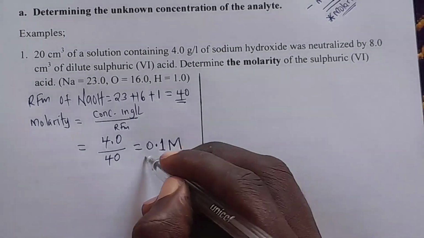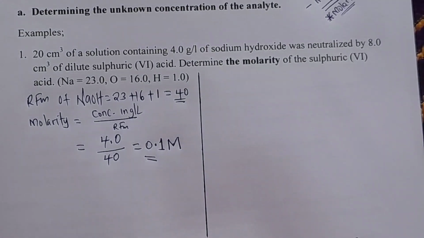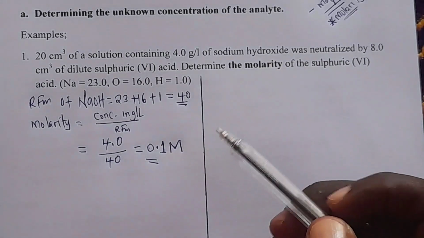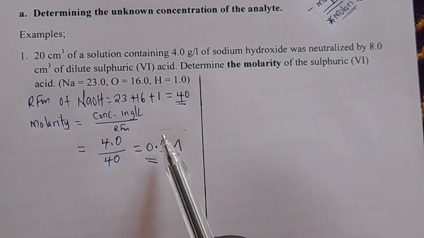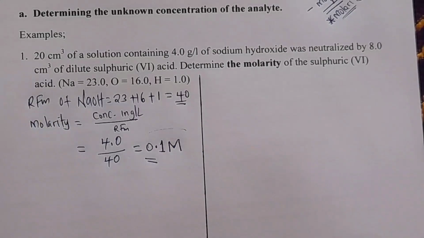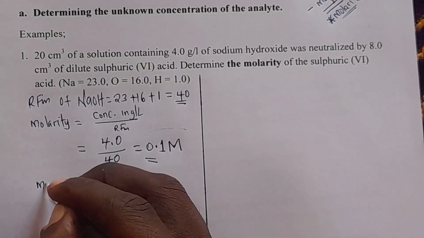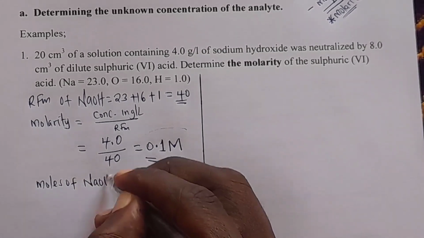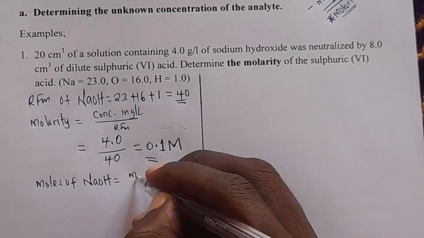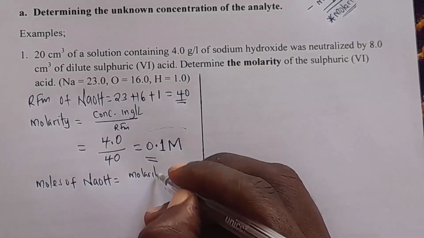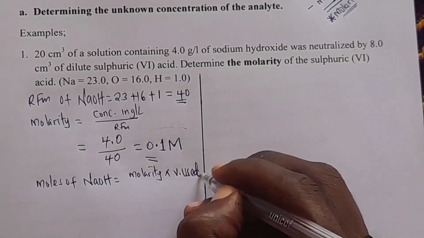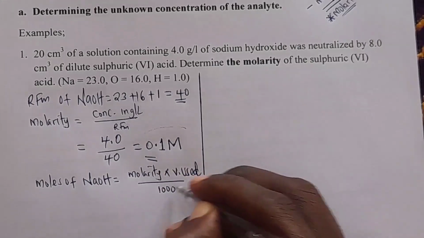That's the first step. The second step is to find the number of moles of the standard solution. How do you get moles? Moles is given by molarity times volume used over 1000. So we write moles of sodium hydroxide equals molarity times volume used over 1000.